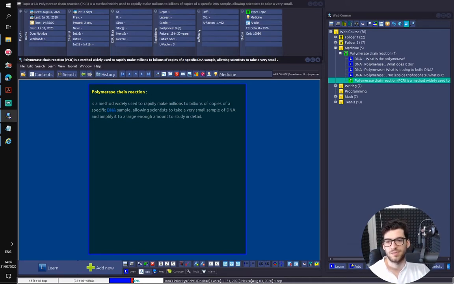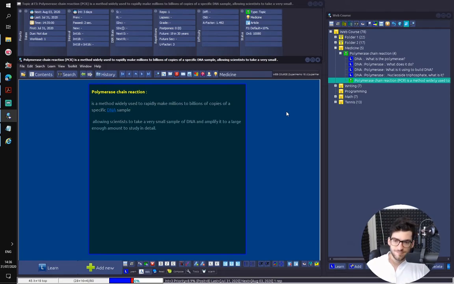Okay. PCR is a method widely used to rapidly make millions to billions of copies of a specific DNA sample. And as you can see, we're actually stupid idiots because we didn't take a definition for DNA.